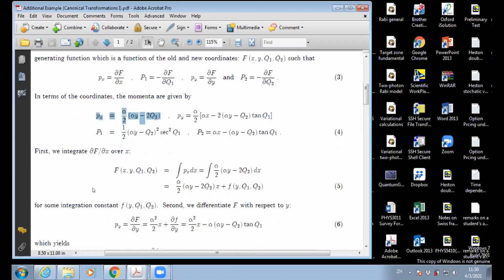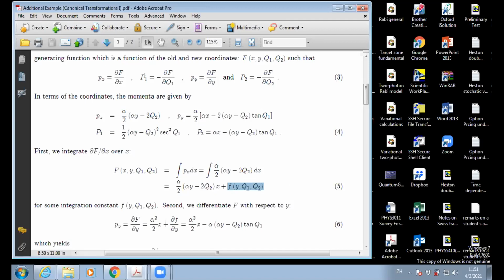Since y is independent of x and Q2 is independent of x, this integral is simple. It just gives you a linear function of x, and also the integration constant, which is an arbitrary function of small y, capital Q1, and capital Q2.